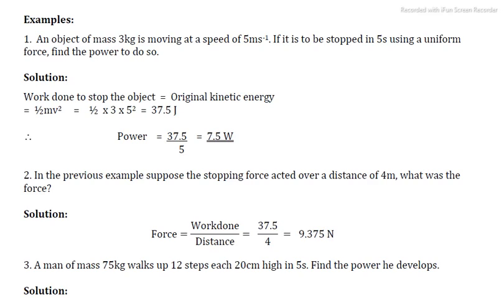In example 2, we are told that in the previous example, that is example 1, suppose the stopping force acted over a distance of 4 meters. What was the force?